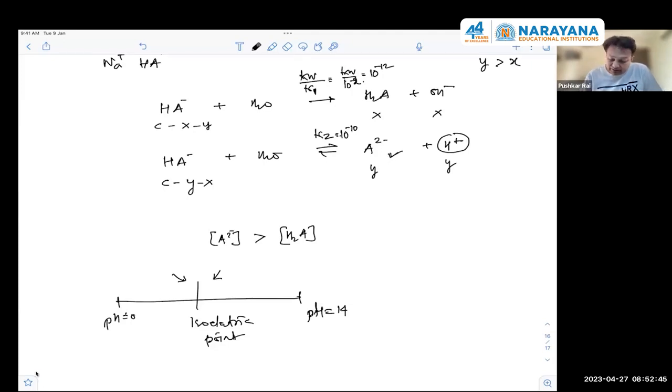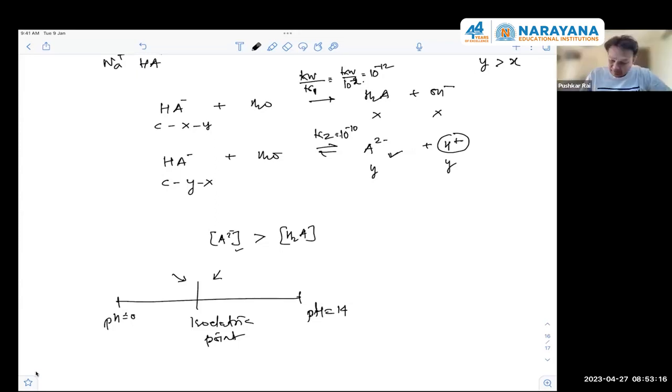Okay. So what is happening? If A2 negative is more, what do you say? When you titrate, if A2 negative is more, that means what? We are heading towards what? Basic side. And if H2A is more, then we are heading towards what? Do you understand what I'm saying? So if A2 is more, then which H plus is more?